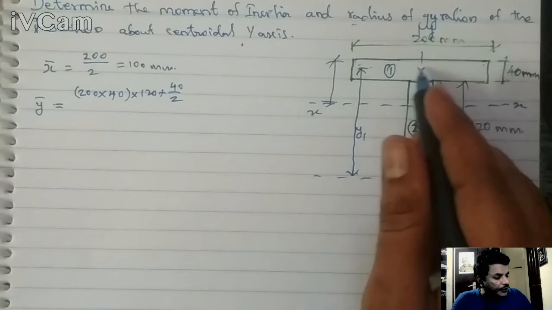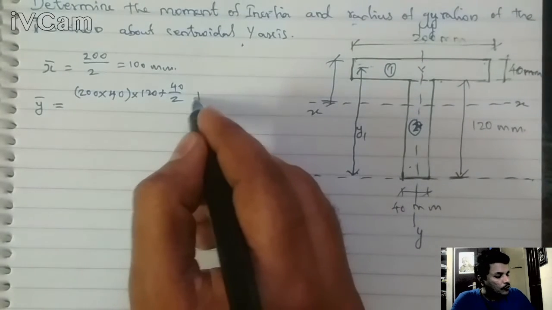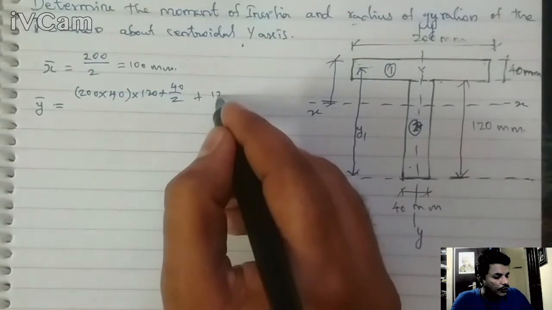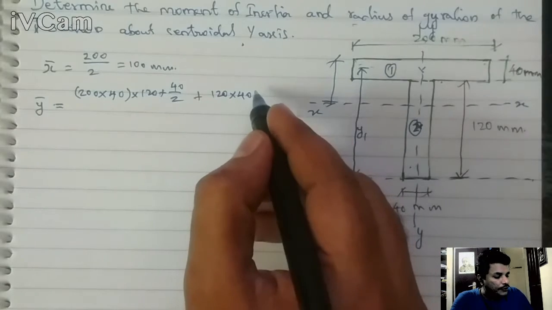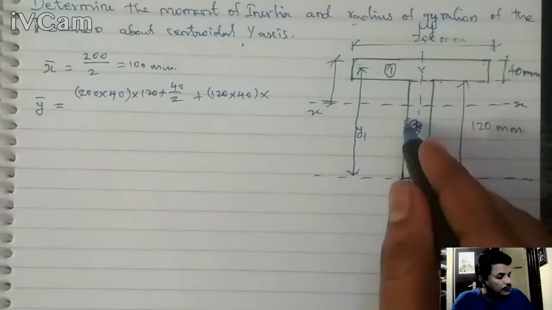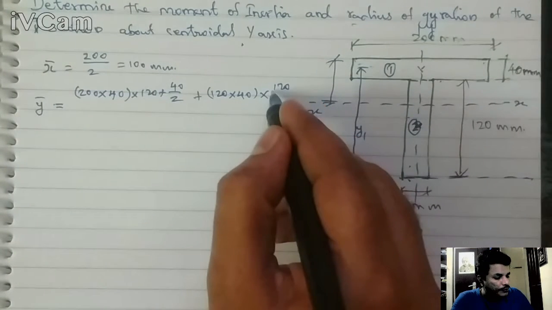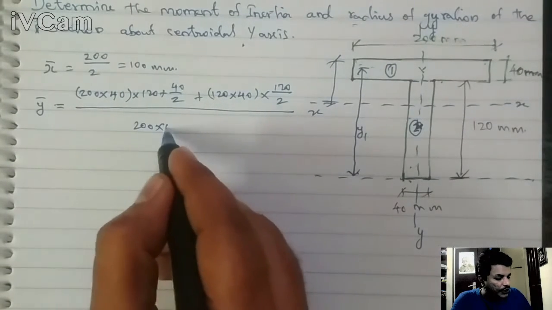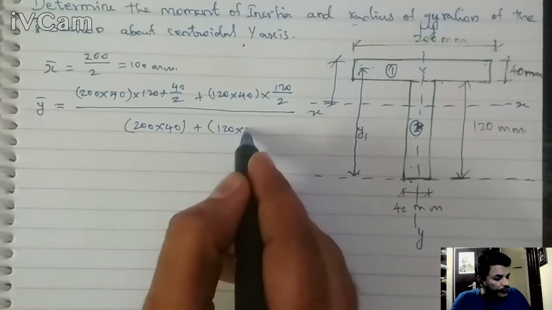So 120 plus 40 by 2, plus a2, the 120 by 40 mm area, so 120 by 40, into y2 from the bottom, that is 120 by 2, whole divided by a1 plus a2, that is 200 by 40 plus 120 by 40.